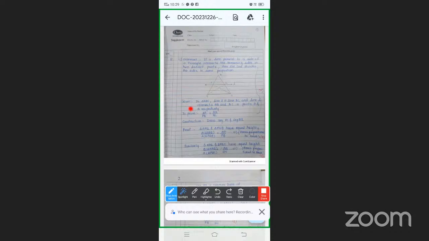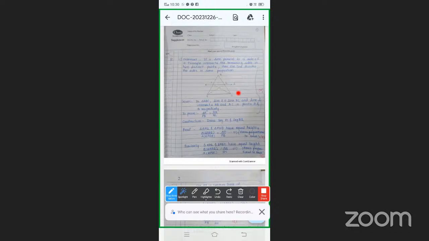So in triangle ABC, line L is parallel to line BC and line L intersects AB at point P and AC at point Q. Correct? So what is to be proved? We have to prove that AP upon PB is equal to AQ upon QC.